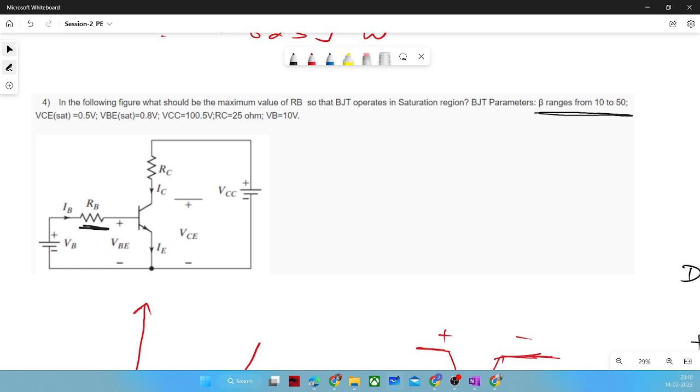We will go step by step. First we will apply two KVLs: one KVL at the outer loop and one KVL at the inner loop. Since all the saturated values are given, we will consider it as saturated, since it is acting as a switch.